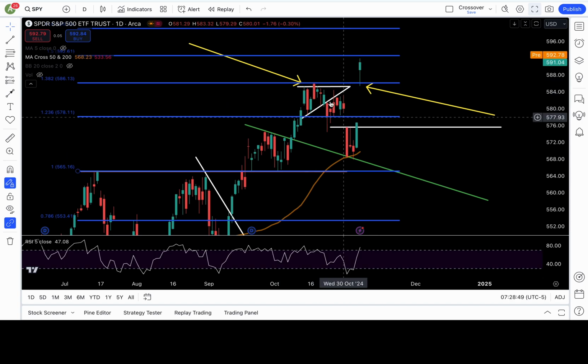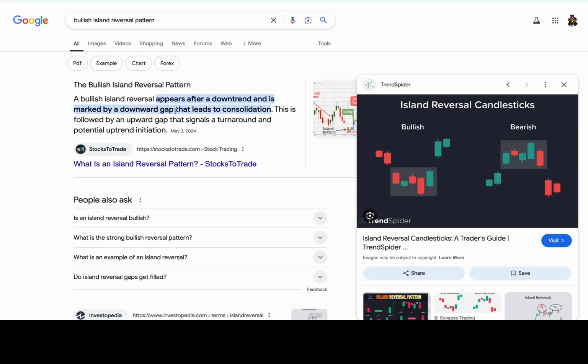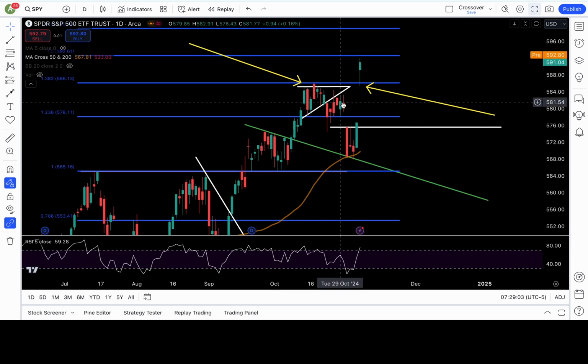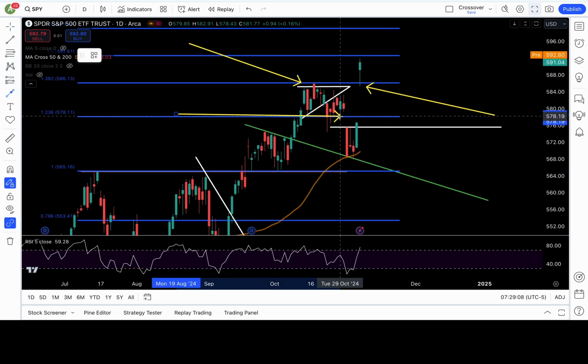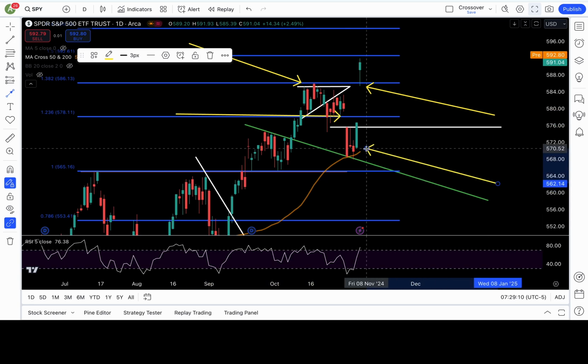So there's our consolidation. There's our little downtrend. Marked by a downward gap that leads to consolidation. Okay, it appears after a downtrend and it's marked by a downward gap that leads to consolidation. And we got the gap right there. Consolidation right there.